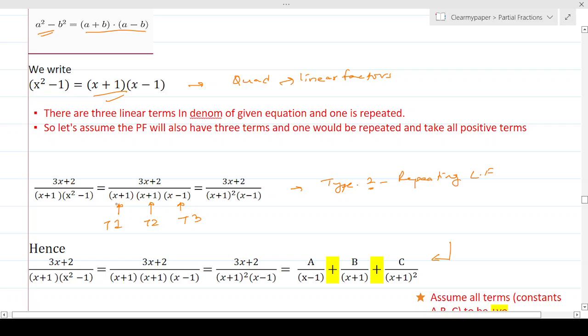I'm sorry, I'm using the words terms and factors interchangeably. Excuse me for that. These are factors: linear factor 1, linear factor 2, and linear factor 3. So whatever the number of linear factors in the denominator post factorization, you take exactly that many constants. Okay, and that's what we have done here. If you see, the first factor has the same denominator.